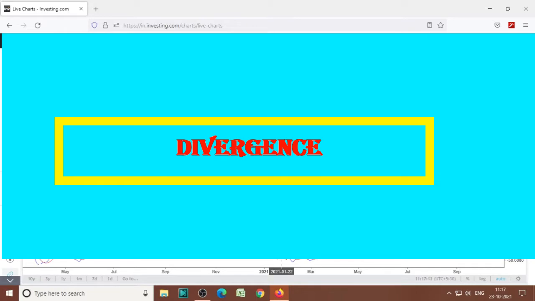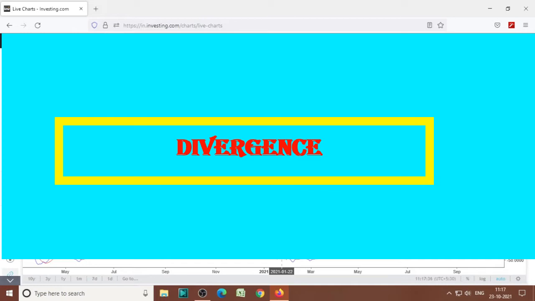In normal divergence there are two types: one is bullish divergence and the second is bearish divergence. We will only use bullish divergence because we will work in the equity segment.